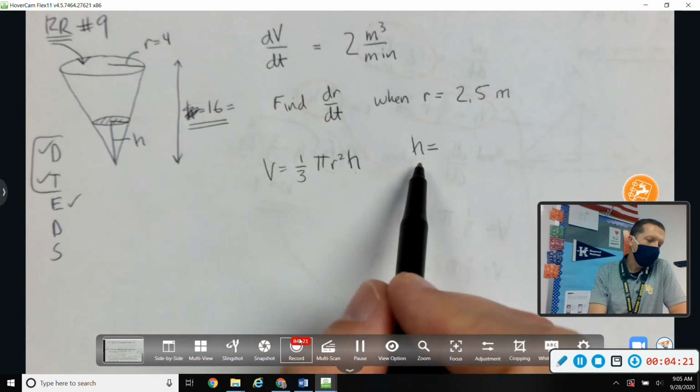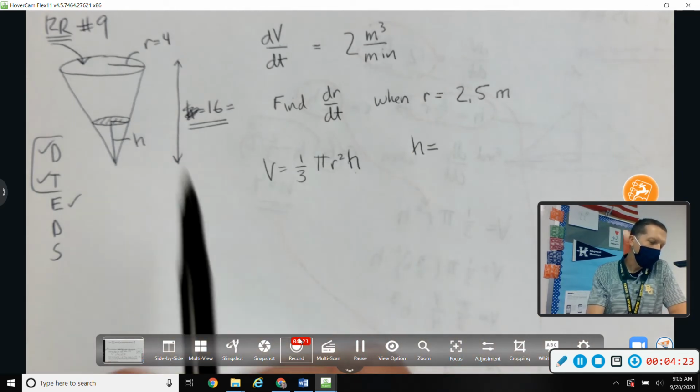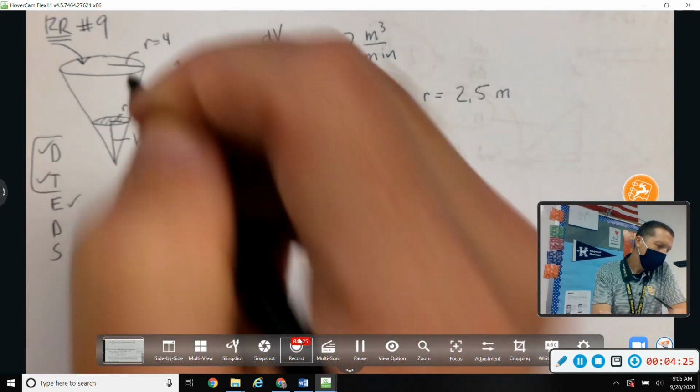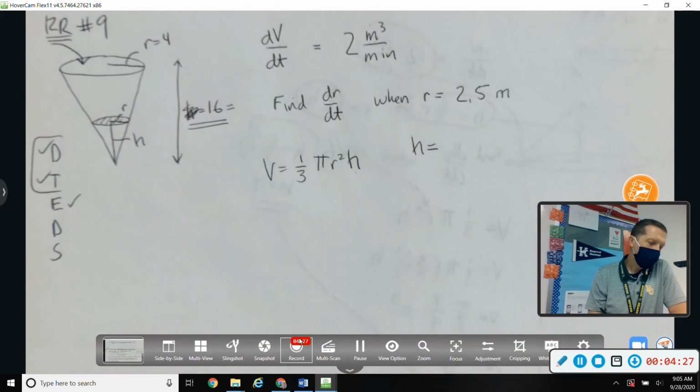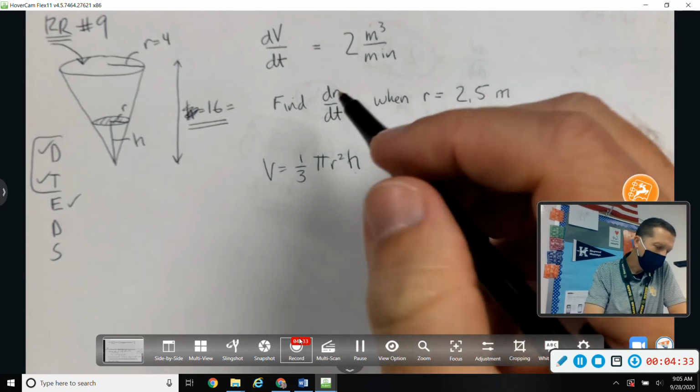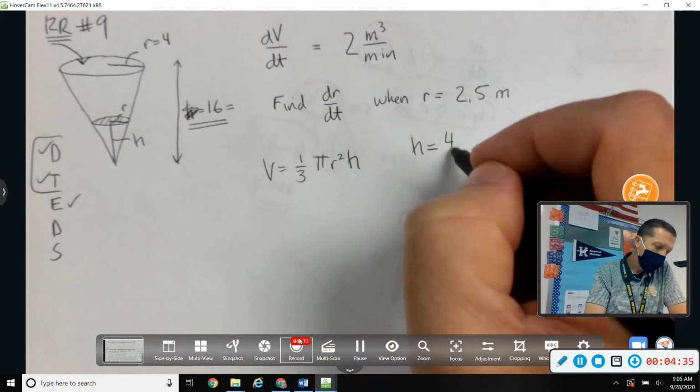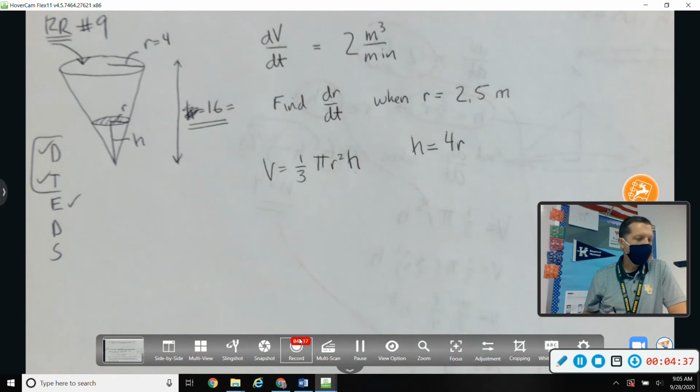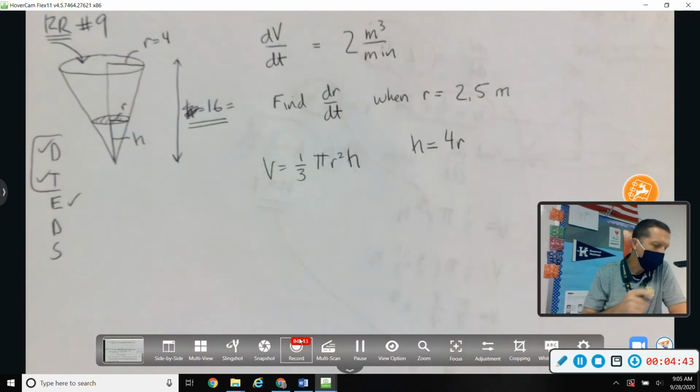But is there a relationship between h and r? Yeah, 1/4 or 4, depending on which way we're going. But h would be 4 times r. And because of similar triangles, h is always 4 times r.